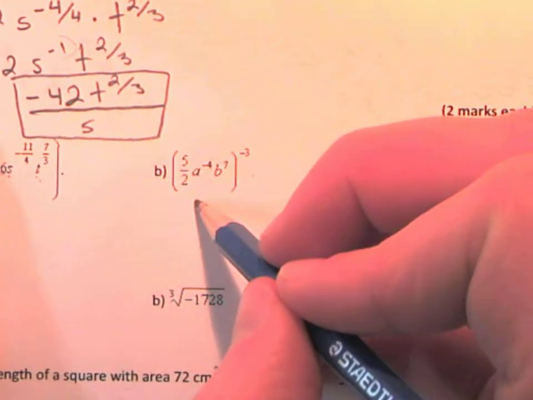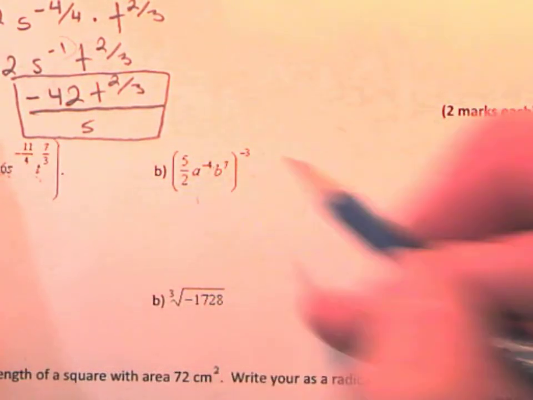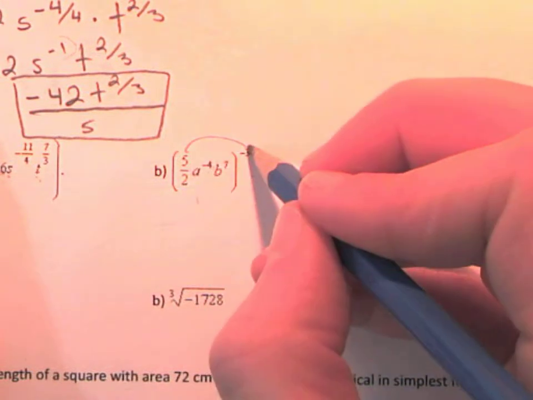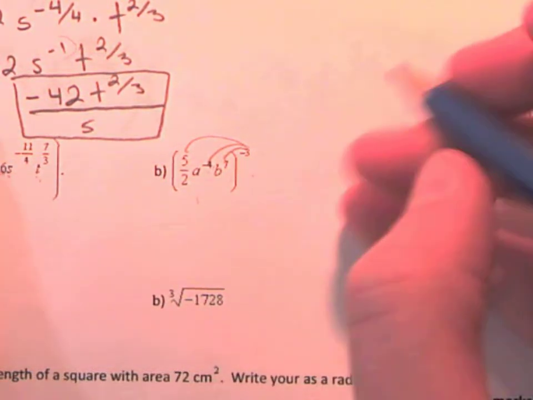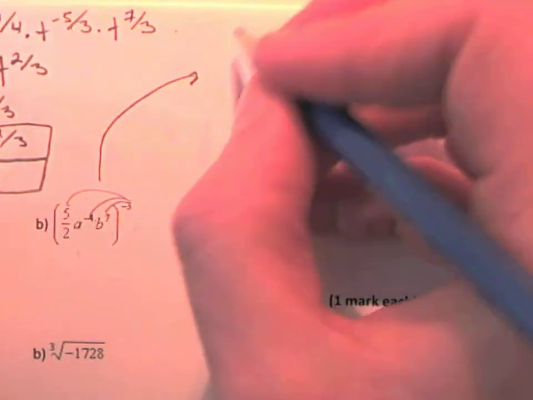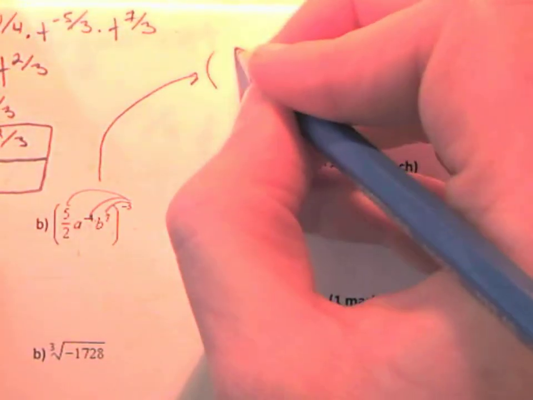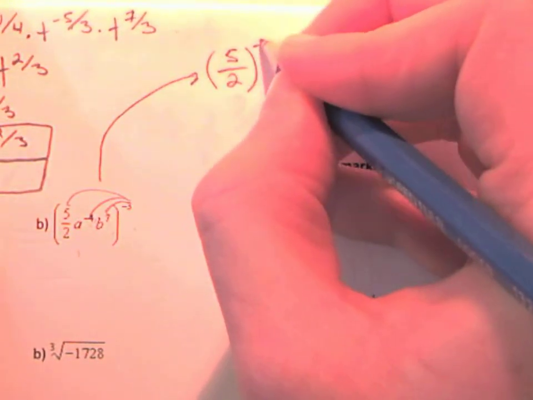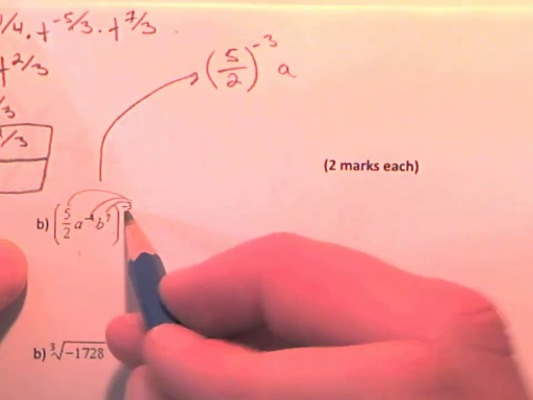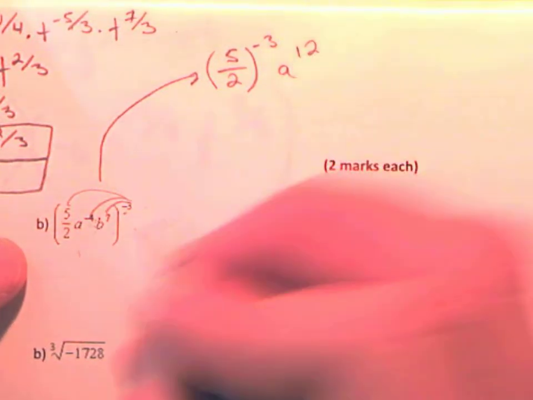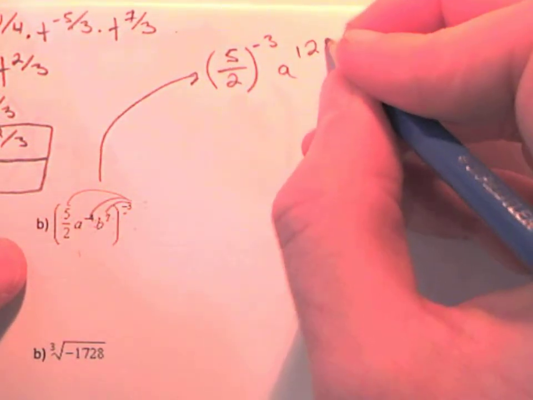Now this one, 5 over 2, a to the -4, b to the 7, all to the -3. Let's distribute that -3 into everything. Okay. So that'll end up being 5 over 2 to the -3. Let's see, -4 times -3 is 12. B to the 7 times -3 is -21.